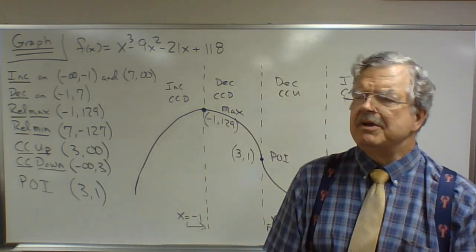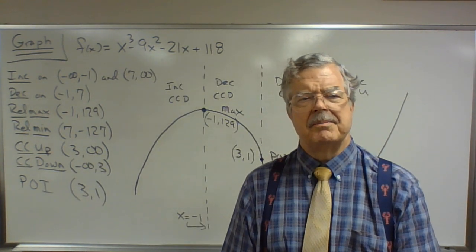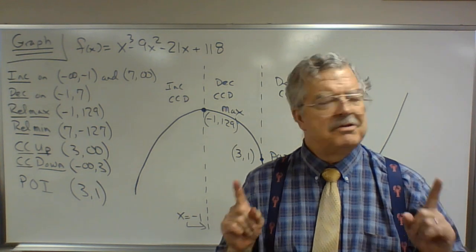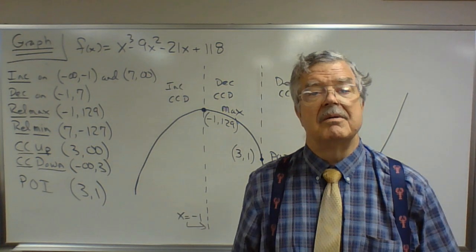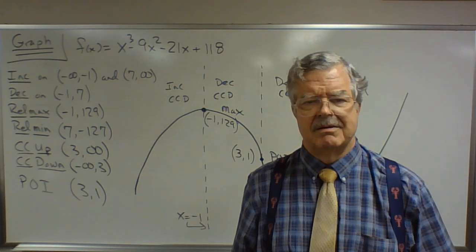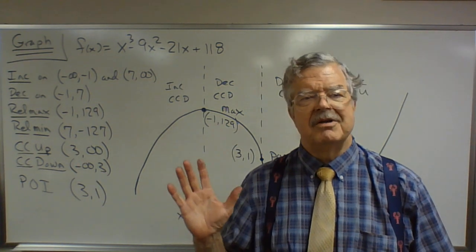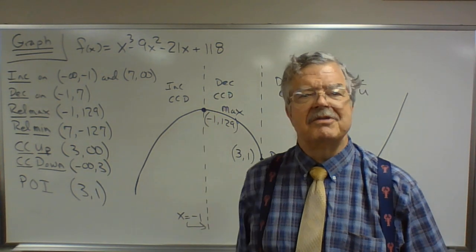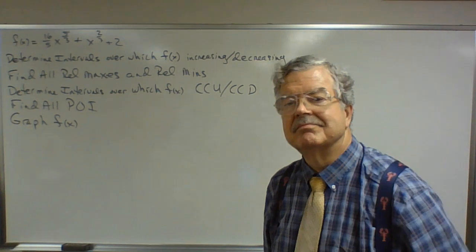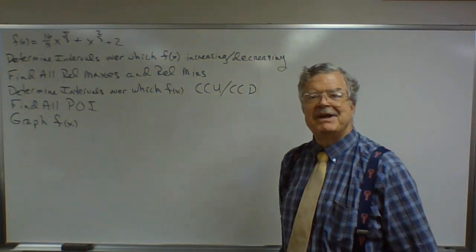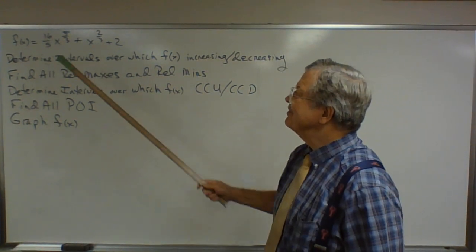Let's see, maybe we should do one more with type B critical numbers. What do you think? And maybe this time I'll copy things down correctly. Okay, on to bigger and better things.